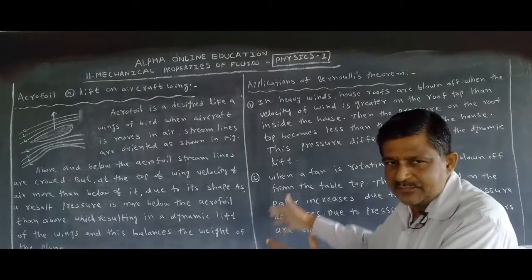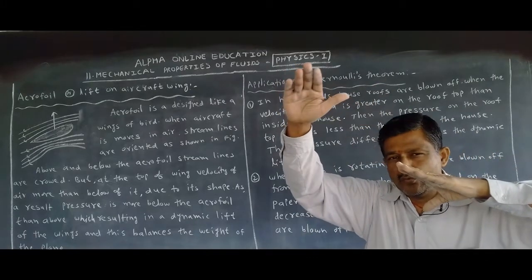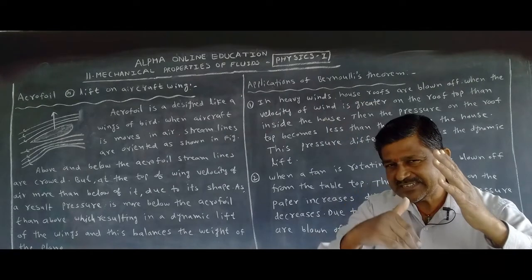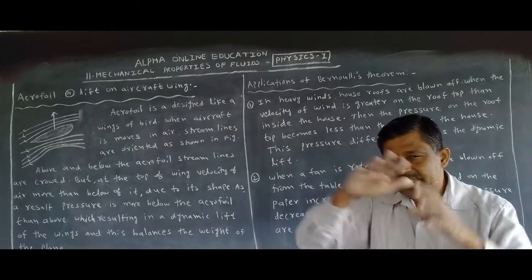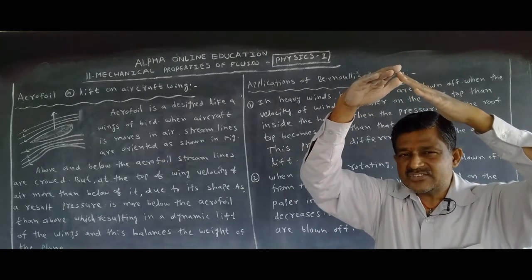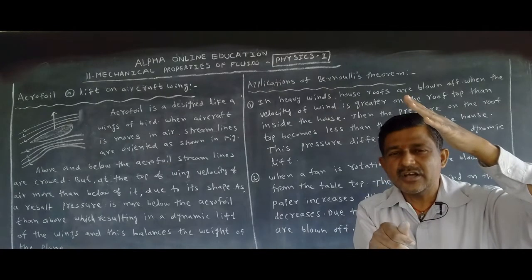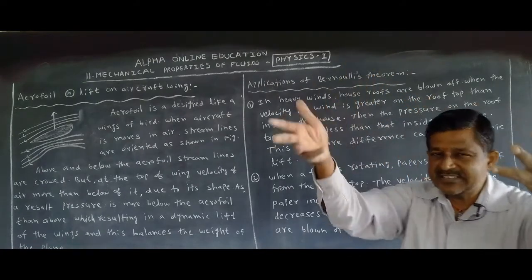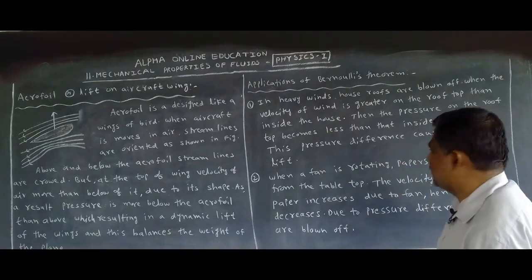When the wind blows with a high speed, above the roof the velocity is more, but below the roof the velocity is less. So below the roof the pressure is more, above the roof the pressure is less.